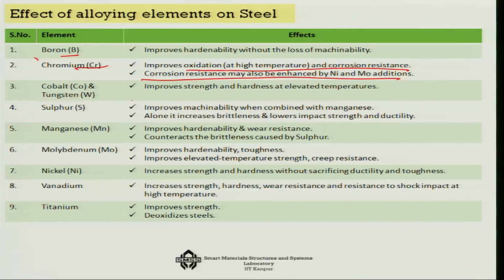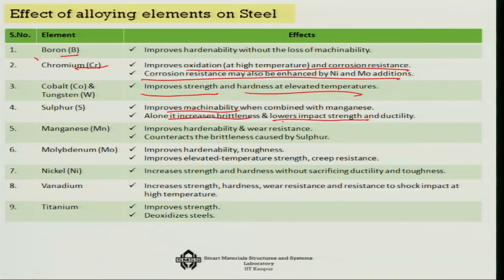Cobalt and tungsten are generally used to improve strength and hardness at high temperature. Sulfur improves the machinability, particularly when combined with manganese, but it increases the brittleness and lowers impact strength.